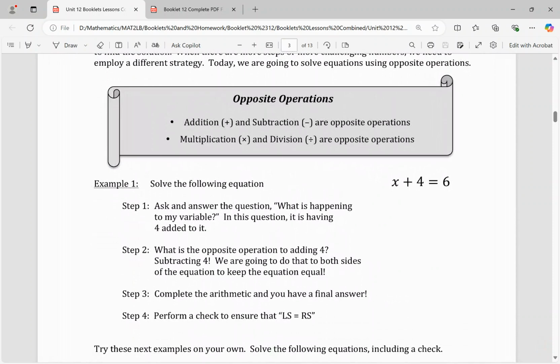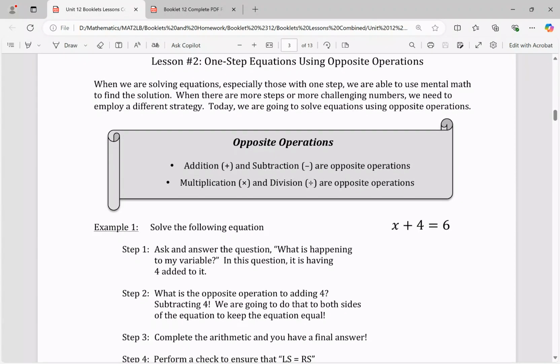Even if you are able to solve it using mental math, I want you to practice with the algebra, because once these problems start getting harder, and they will in the next lesson, it will be much harder just to solve them in your head. So you need these new strategies.